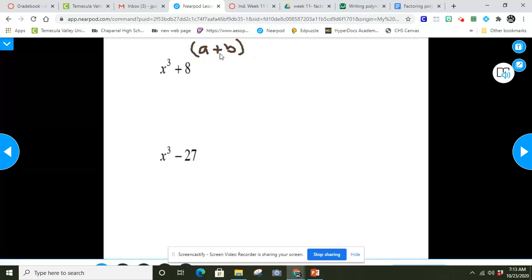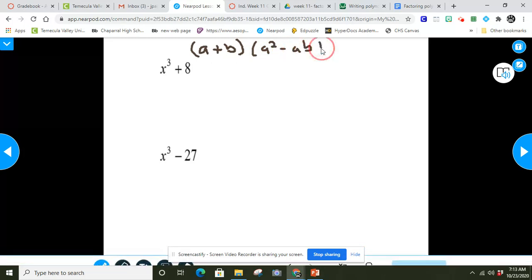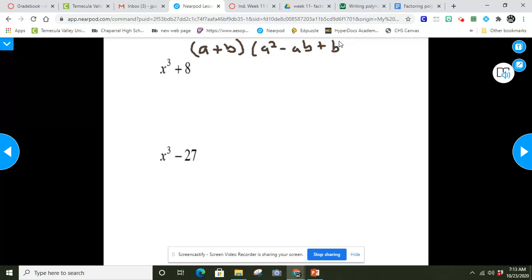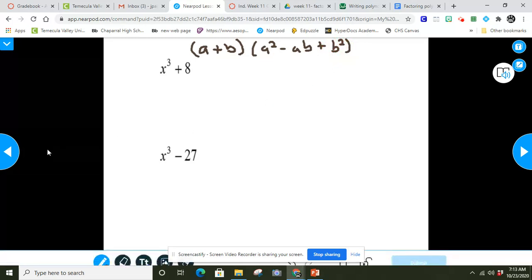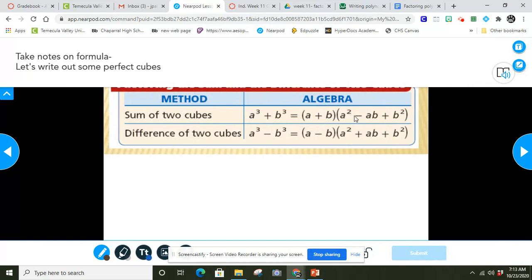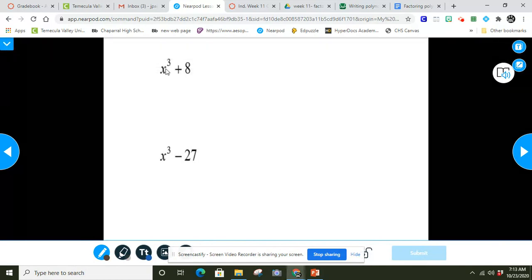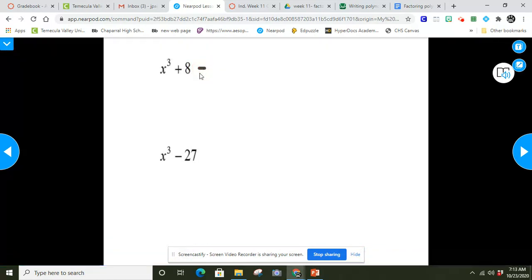same, opposite, always positive. Same, opposite, always positive. So I just have to plug in the numbers there.